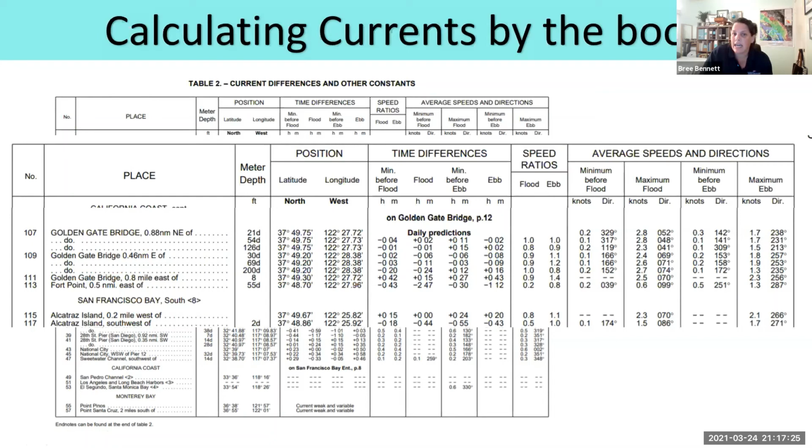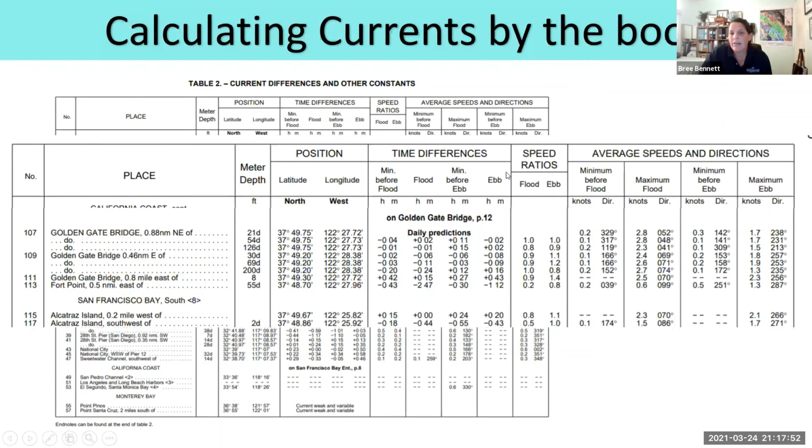So what was the time of that slack? And then what's the time of the next flood? What's the time of the next slack, which is the minimum before ebb? And then what's the time of the ebb? So when we draw them out, this one will be chronological. We want it chronological, going from left to right.